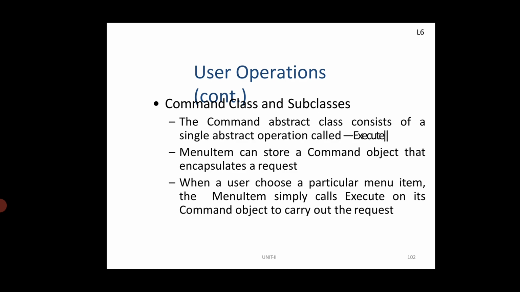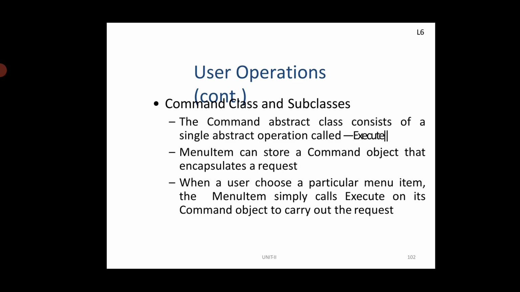The basic interface consists of a single abstract operation, which we call execute. Here we see some subclasses of command that implement execute in different ways to fulfill our different requests. A menu item can store a command object that encapsulates a request.